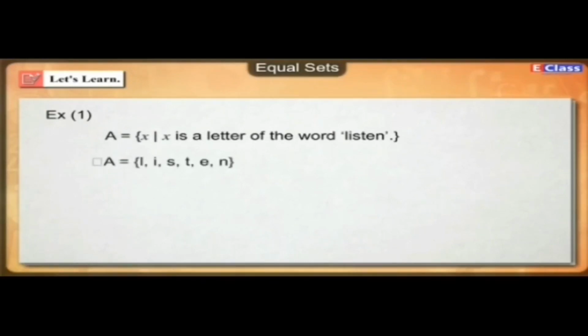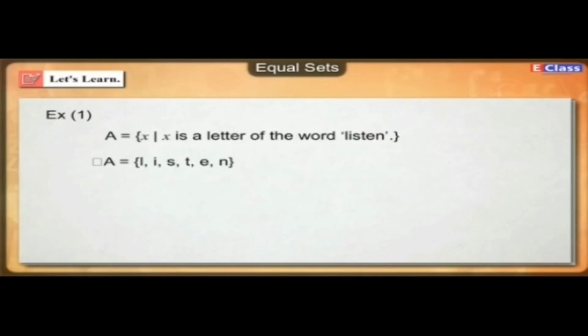Let's consider a few examples. Here we have a set A which is equal to {x such that x is a letter of the word listen}. Now in the listing method we can write it as A = {L, I, S, T, E, N}.